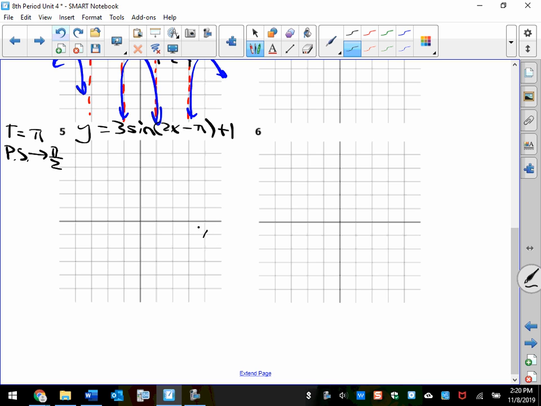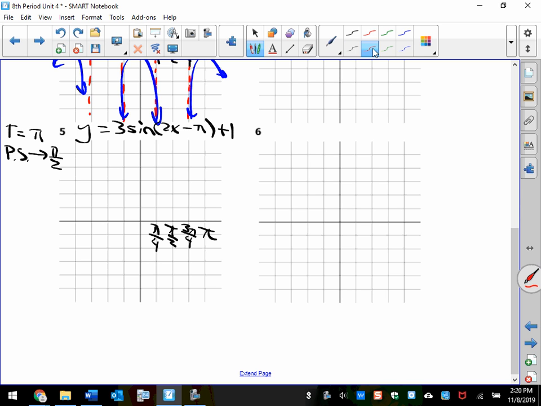Now the period is going to be pi, so we'll replace the old coordinate with pi, and then scale it from there. So that's pi over 2, pi over 4, and then count by pi over 4s to get 3 pi over 4 right there.